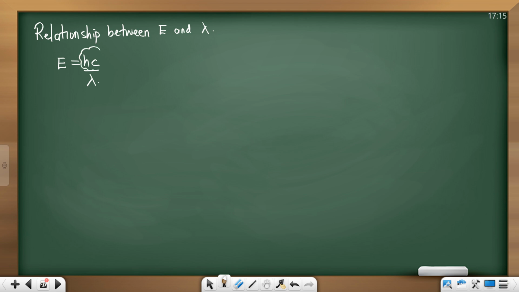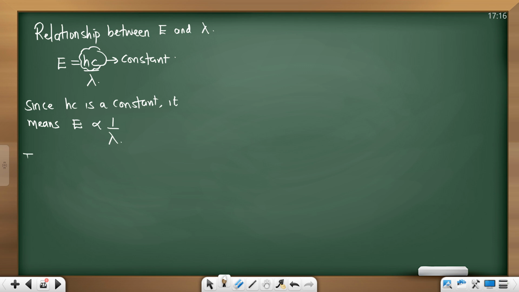So you would notice these two are constants. And because that is a constant, what's going to happen? Since hc is a constant, it means E is inversely proportional to wavelength.